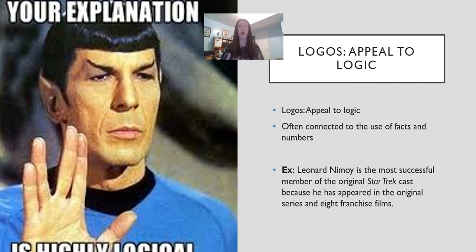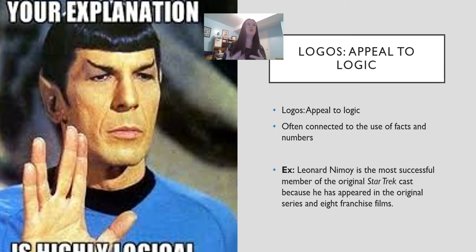So the first we've got is logos, and that is appeal to logic. Now, logos, we could take a whole semester exploring logos, to be frank. However, for the sake of this class, we are going to look at it in terms of its appeal to facts, numbers, statistics.